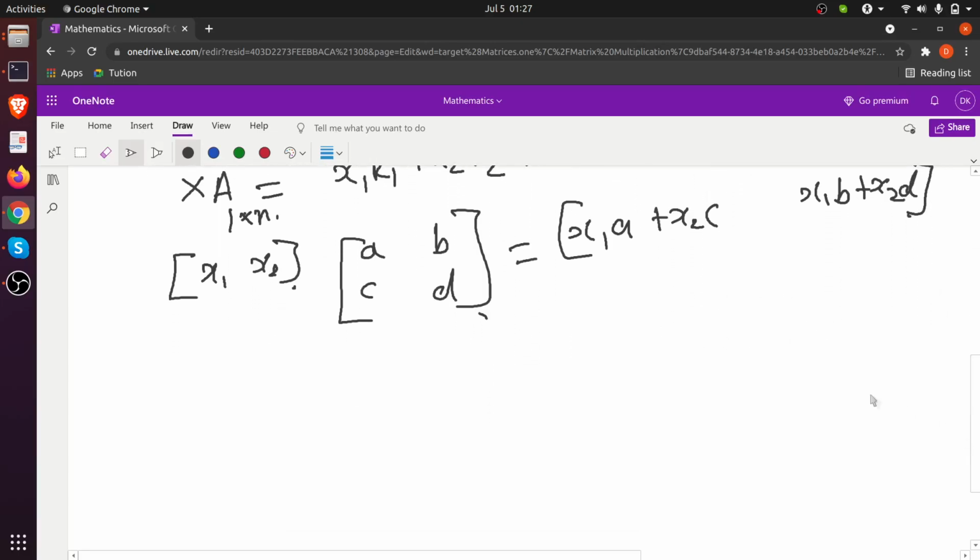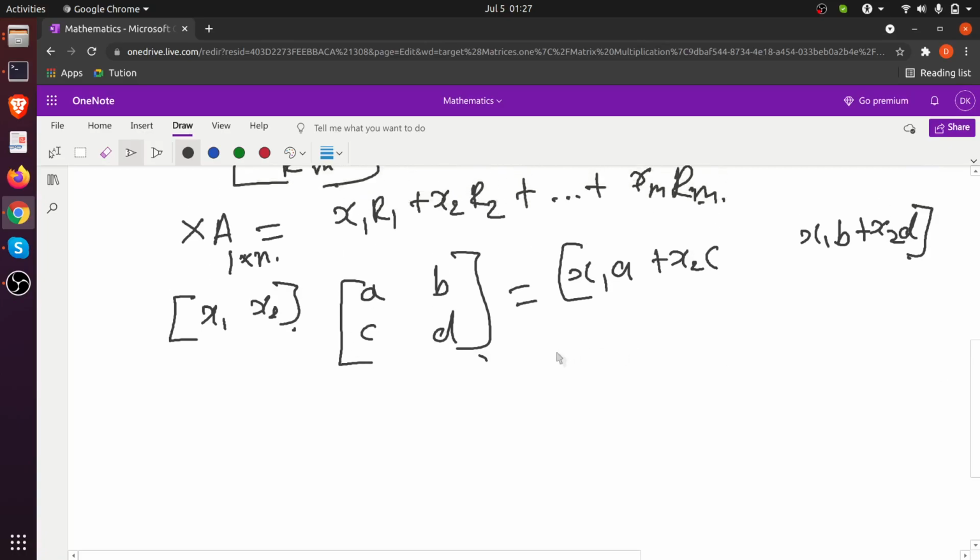But this can indeed be written as the sum of two row vectors, x1a, x1b plus x2c, x2d.